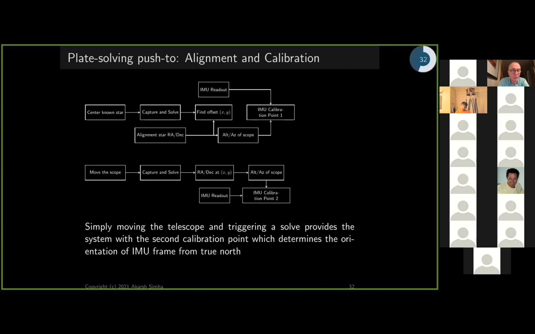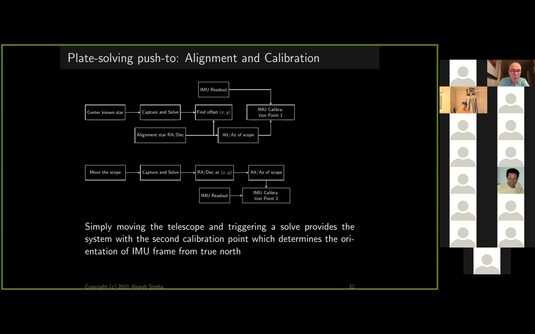The second alignment step is very simple. I just need to move the telescope, literally move the telescope, right? And once I move the telescope, I have plate solving usually running in a loop, so it triggers a capture and solve, and it computes the alt-az of my telescope, and I know what the IMU reading is. So I have the second calibration point just by moving my telescope.